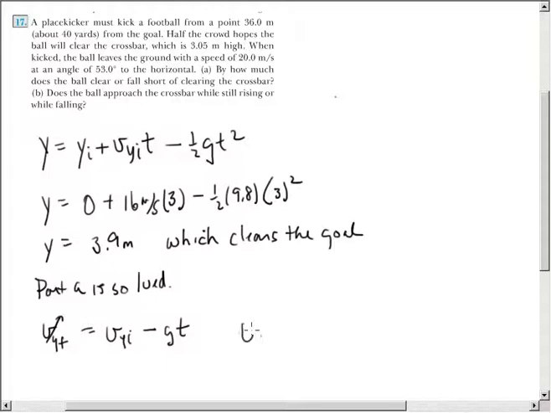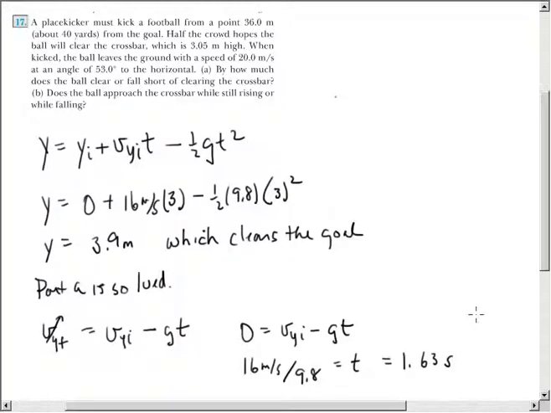So we have 0 equal to Vyi minus gt. We know what Vyi is and we know what g is. So that simply says that 16 meters per second over 9.8 will be equal to t, and that is going to be equal to 1.63 seconds.